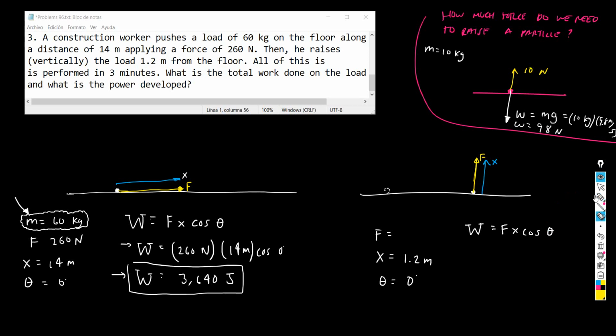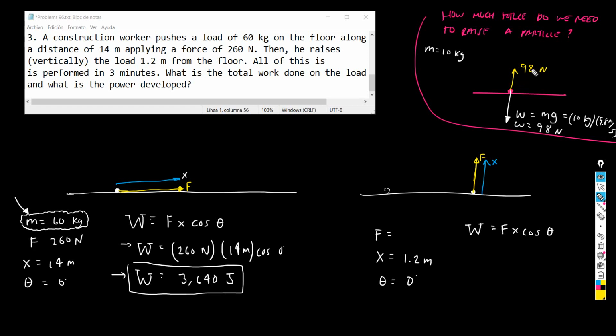The same is going to happen if you apply, let's say, 97 newtons upwards. Since this is less than the weight, the particle will remain touching the floor. So when you cross over 98 newtons, at 98 newtons, you can already start to move the particle barely.